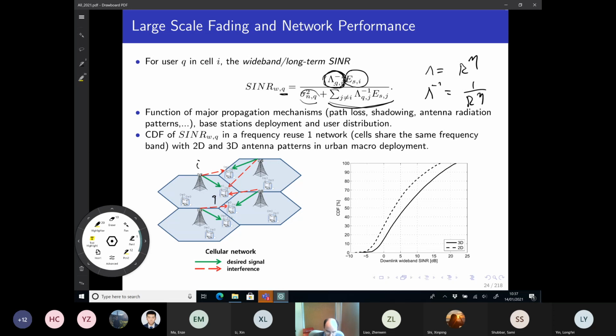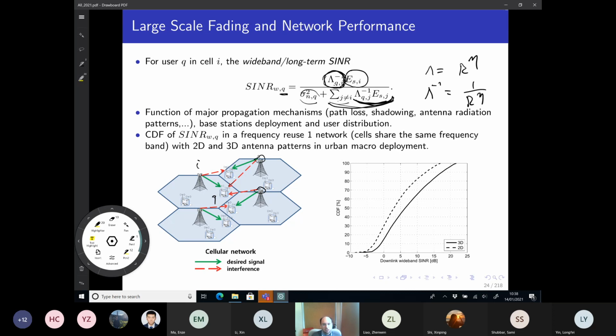For instance, from this transmitter, and this transmitter will create some interference. The strength of that interference, if I look at just from a long-term perspective, just taking into account path loss and shadowing, will be given by a sum of those quantities, which is actually the strength of the power I experience from this transmitter, and then for another J, I'm going to have it from the other transmitter.